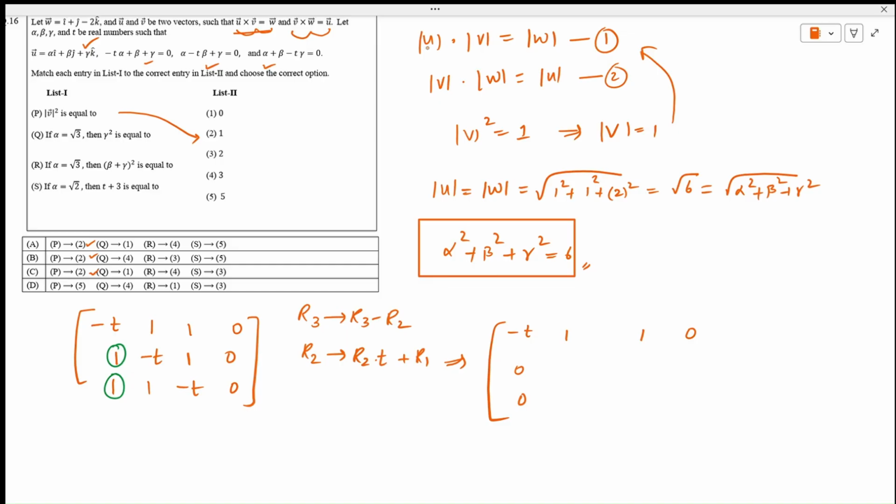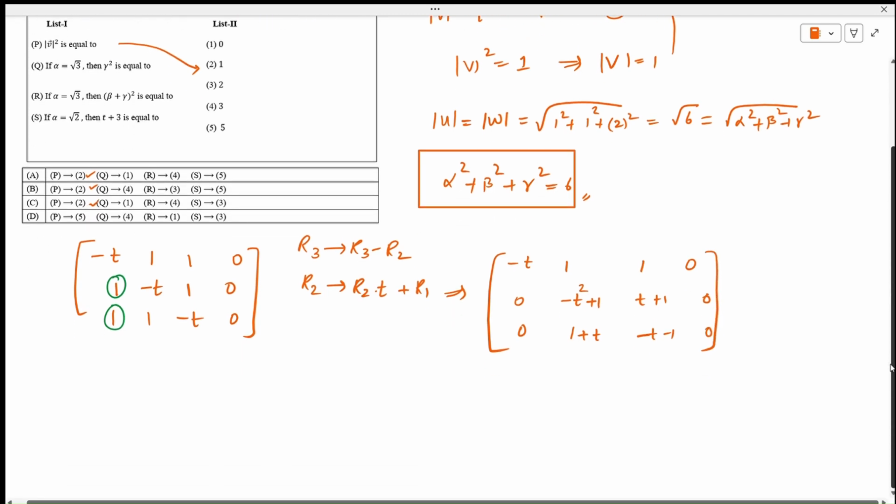So this is minus t square plus 1, and this is t plus 1. This is 0. And R3, then this will be 1 plus t. This is minus t minus 1. This is 0. From this matrix, we'll get three equations.